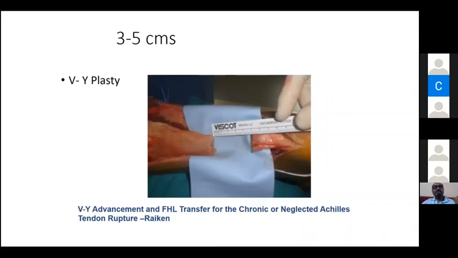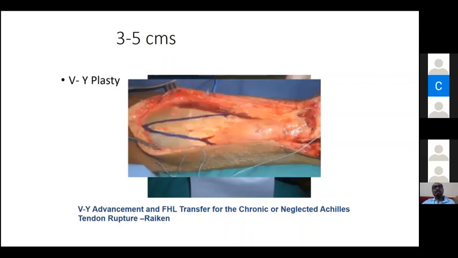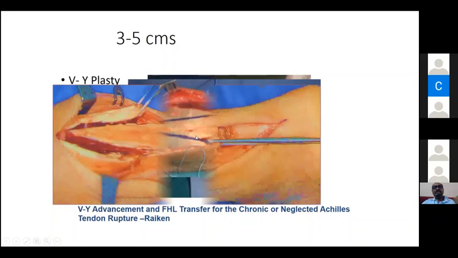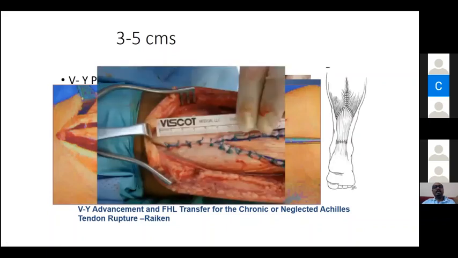If it is more than 3 to 5 centimeter, then you have different ways. So one is VY-plasty. What is VY-plasty? Open up the whole thing, make a V cut here, pull it down, and it becomes a Y now. All right.